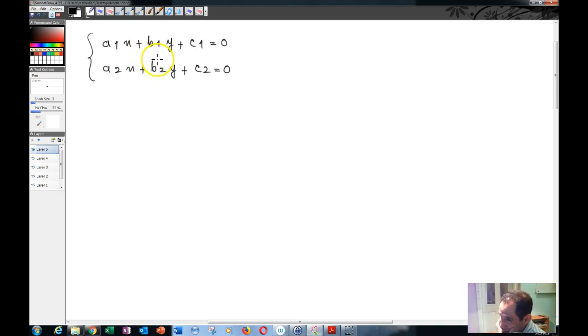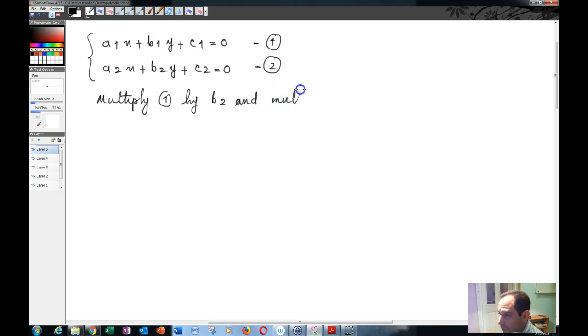So as you saw over there, in order to get my x, if I call this equation number 1 and this equation number 2, I multiplied equation number 1 by the coefficient of y in equation number 2, by b2, and then I multiplied equation number 2 by the coefficient of y in equation number 1, so by b1.